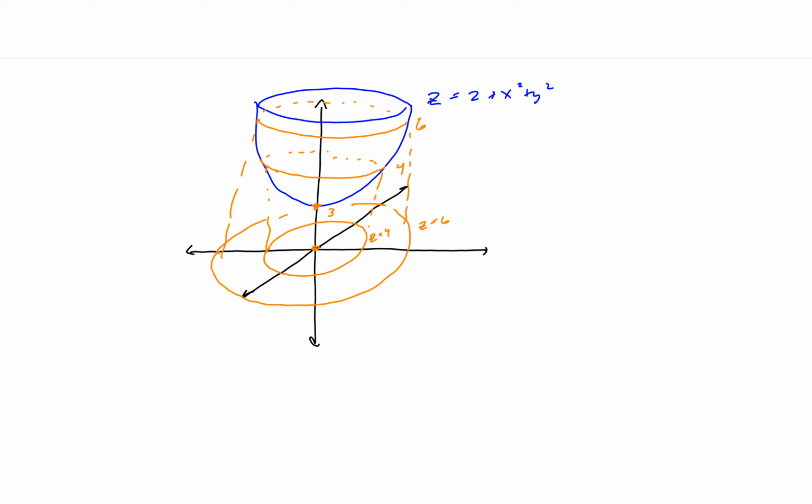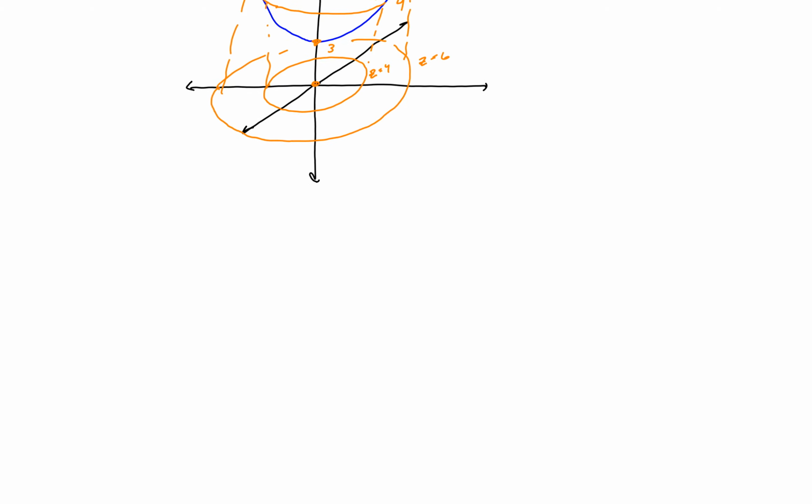So you'll see a lot of three-dimensional data is represented in this way in actual applications. So let's look at a couple of examples of how to read these contour plots for such data.